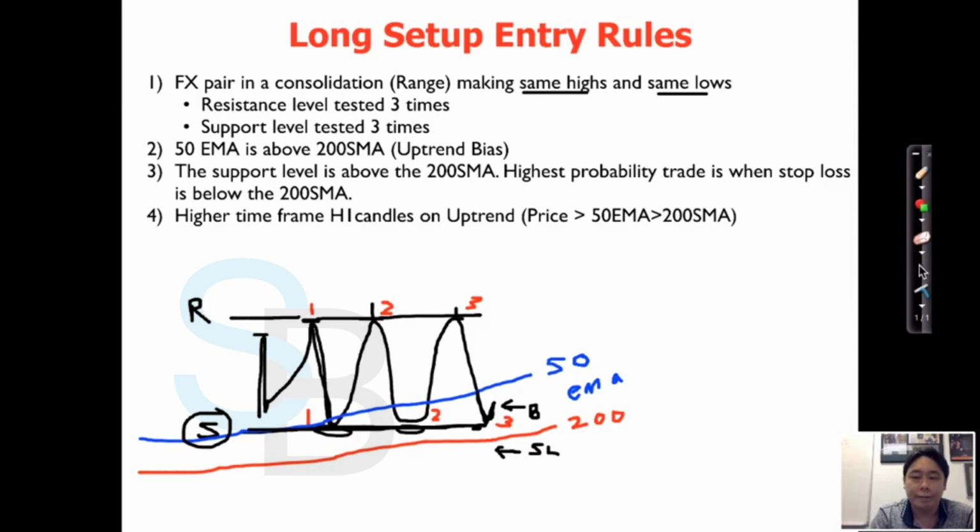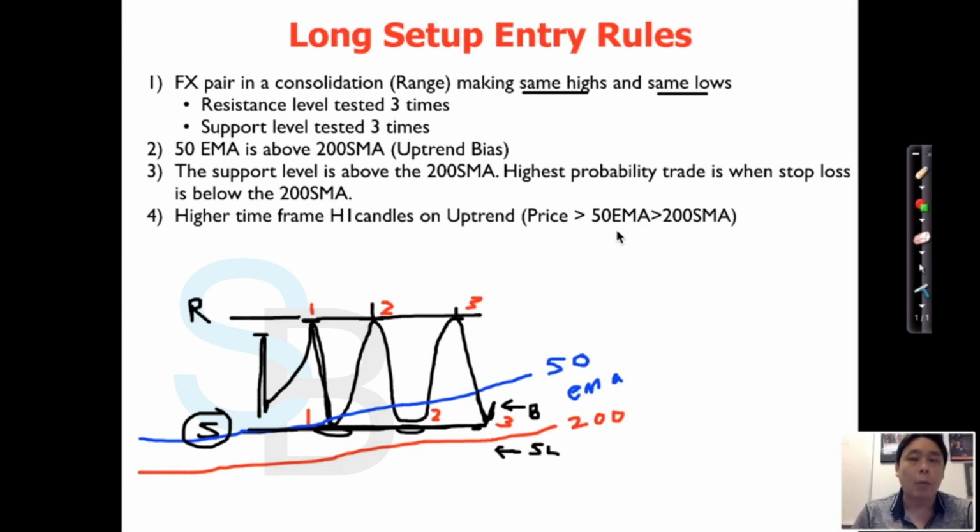So how do I define that? I define that by ensuring that on the H1 candles, the price of the candles on hourly is above the 50 exponential moving average, and the 50 is above the 200 simple moving average. All right, so these are the setup rules for going long for this trade setup.